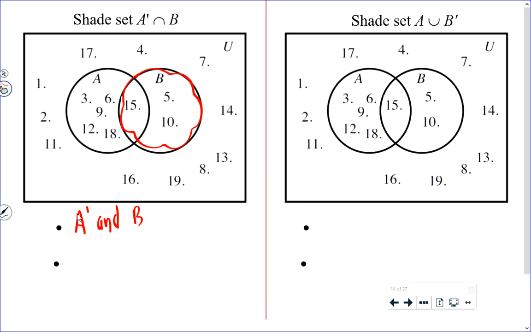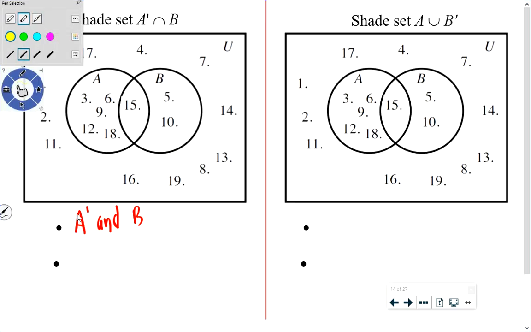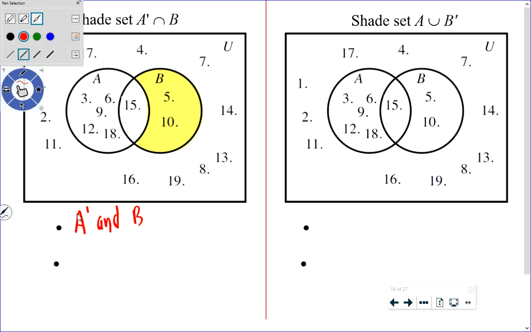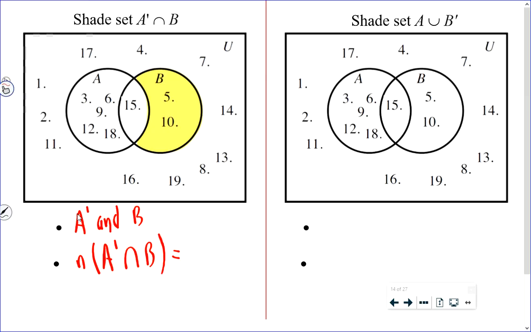But it also, because of the and, can't be A. So in my mind, it's just simpler to say the only elements in this set that are B but not A are these. Now, one way or another, you have to wrap your head around it. And by the way, N of the intersection of not A with B is equal to 2 because there's only 2 elements in here.